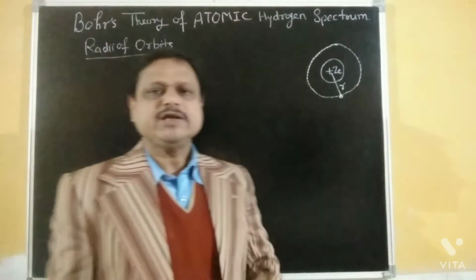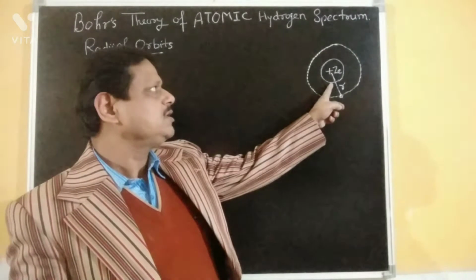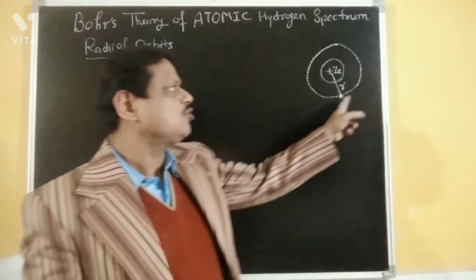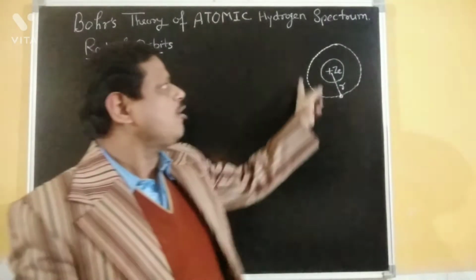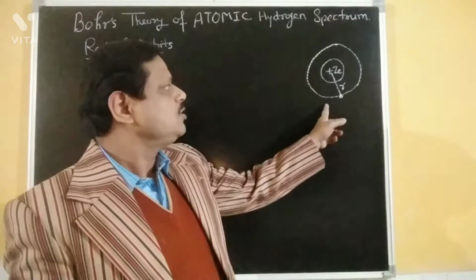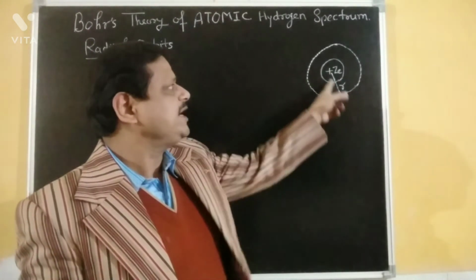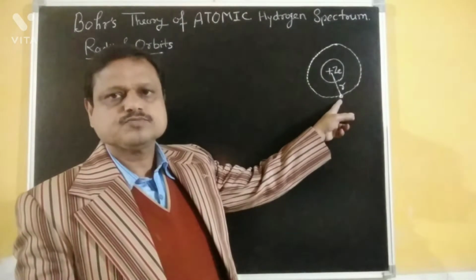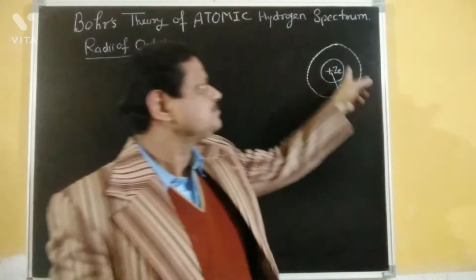In a hydrogen atom, there is one nucleus and one electron revolving around it in a nearly circular orbit. We are going to calculate the radius of the atomic orbit.